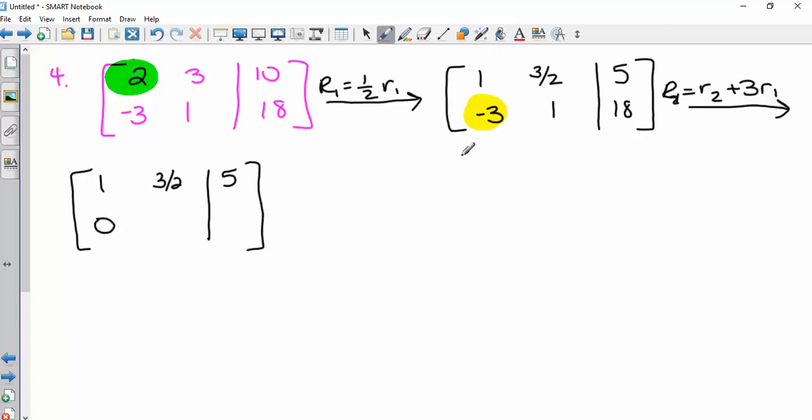Negative 3 plus 3 is 0. 1 plus 3 times 3/2. You can grab a calculator if you get hung up on that. That gives us 11/2. Next one we have 18 plus 3 times 5. So that's 33.